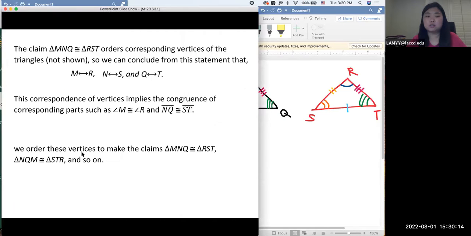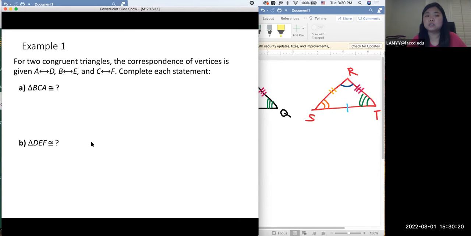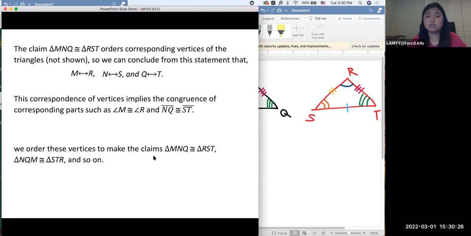Okay. So we ordered this vertex to make the statement MNQ congruent to RST. We could write MNQ corresponding to RST, or we could do NQM corresponding to STR.